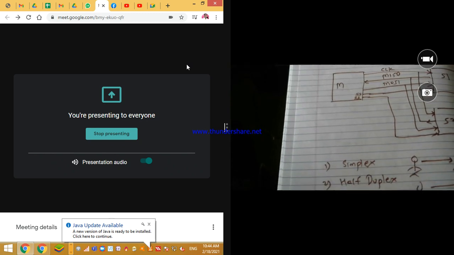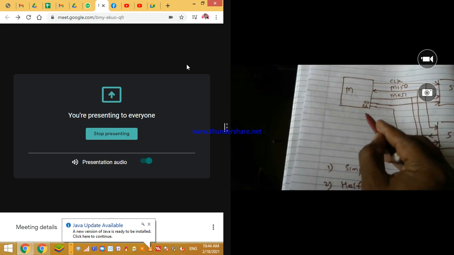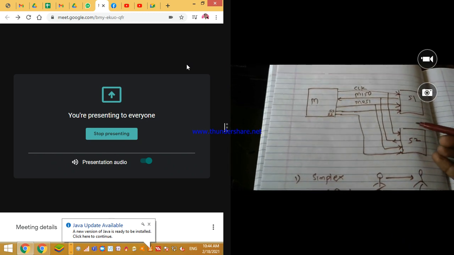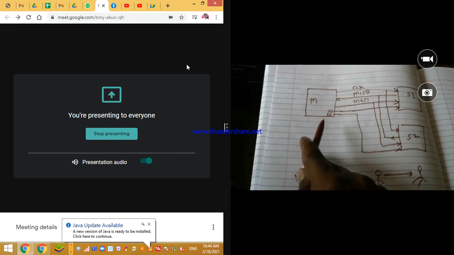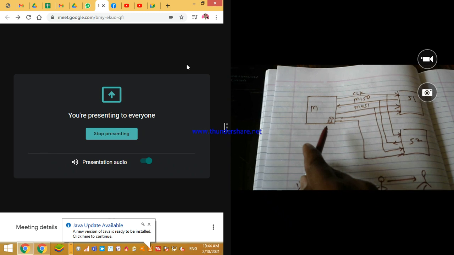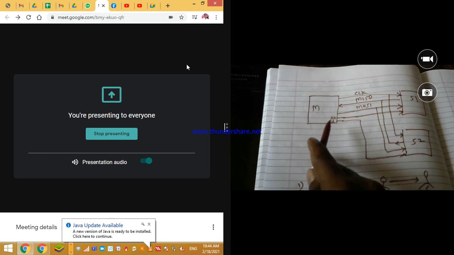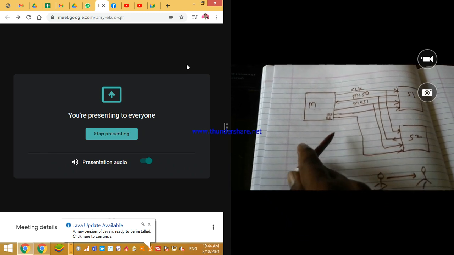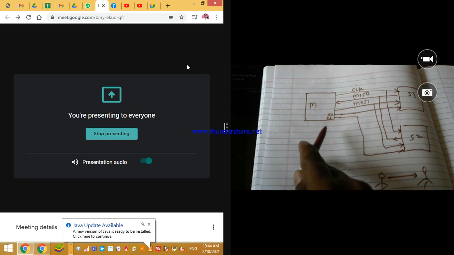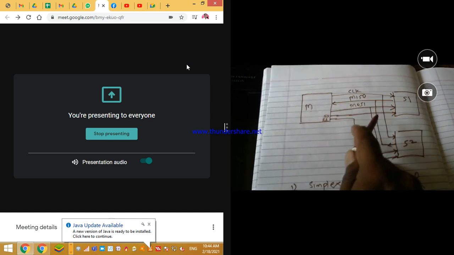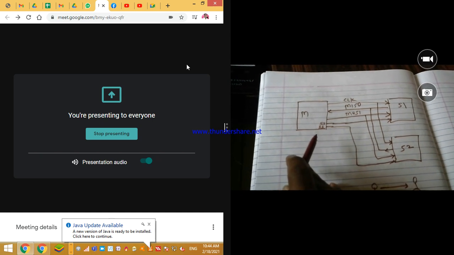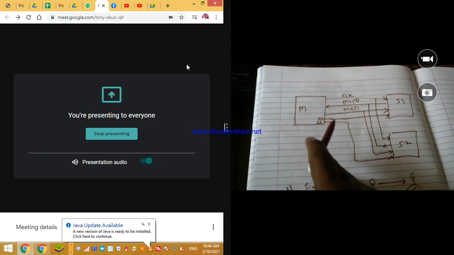Why does it come into the picture? Because if there are 10 devices that I have to connect, what I have to do is add multiple slave select pins, and this is not good from a hardware point of view.